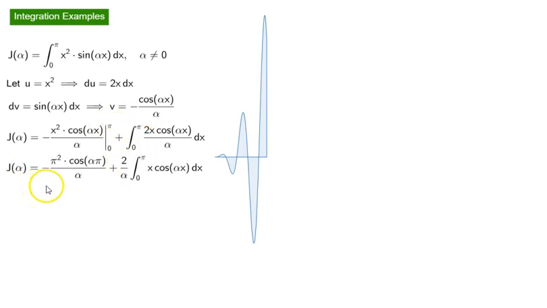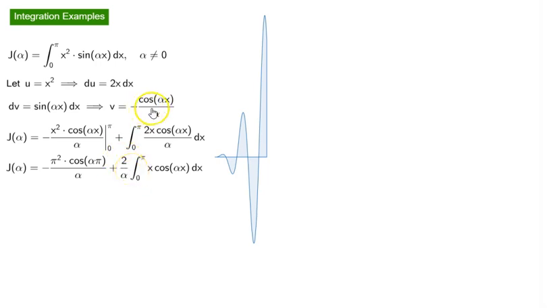J of alpha is equal to, now if we apply the limits, what will happen? We will have minus pi squared times cos alpha pi by alpha, minus, when 0 gets applied to x, the entire term becomes 0. Then we have plus 2 by alpha.